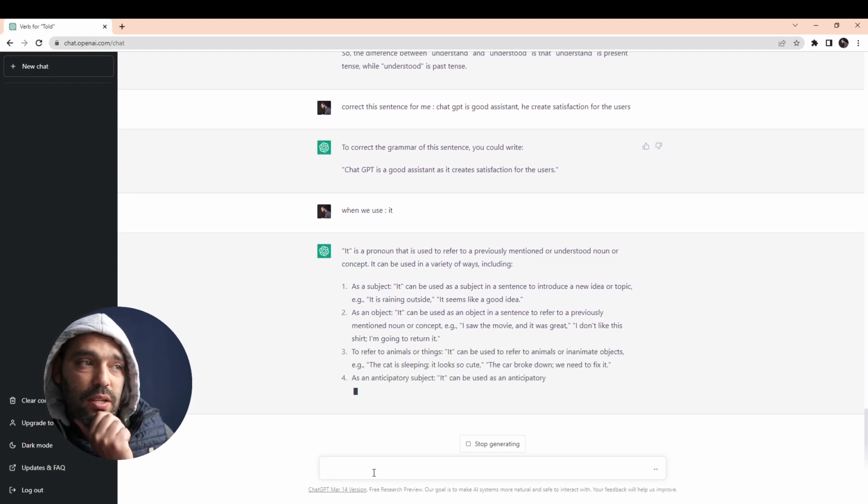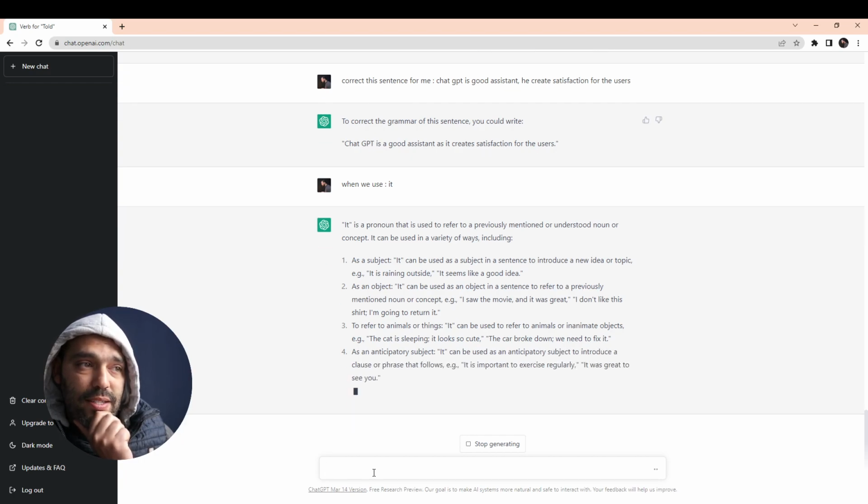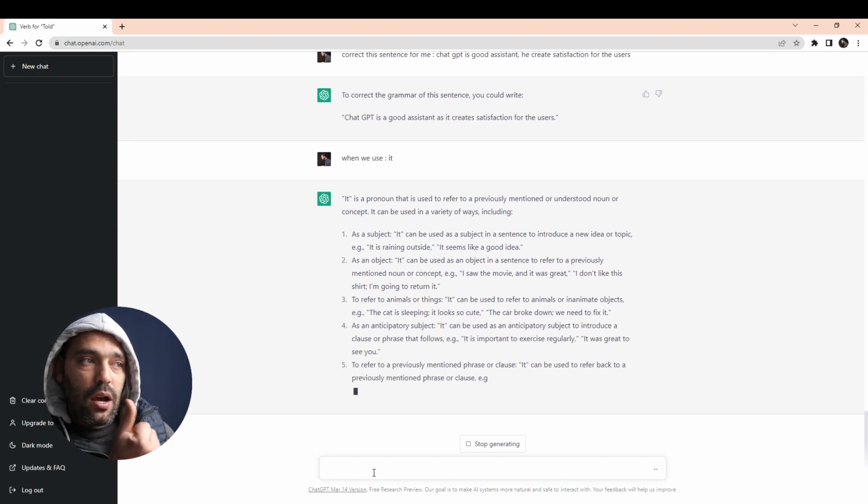It can be used in a variety of ways, including as a subject. It can be used as a subject in a sentence to introduce a new idea or topic. Example, it is raining outside, or it seems like a good idea.